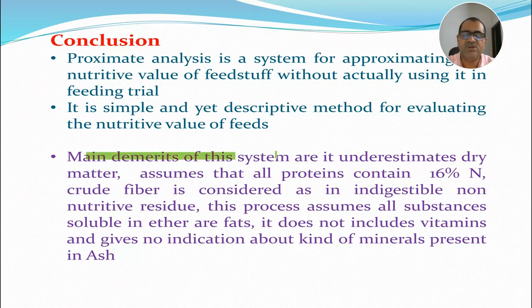The main demerits of this system are that it underestimates some contents like proteins, because it is calculated as 6.25 times the nitrogen. It is not exactly correct. So we need to rethink, especially on this particular aspect. Then vitamins, etc. cannot be easily calculated by this method, and there are limitations also.